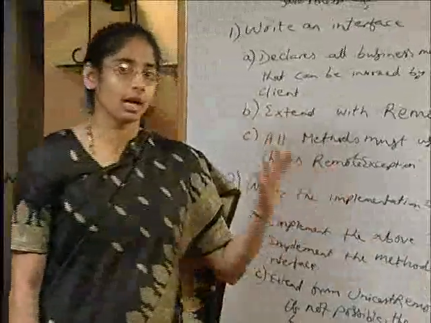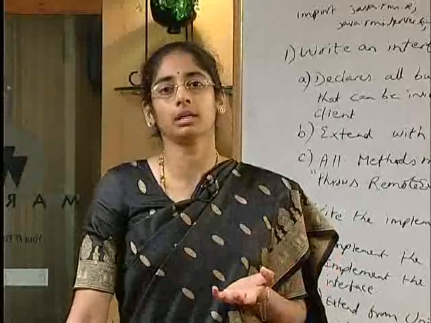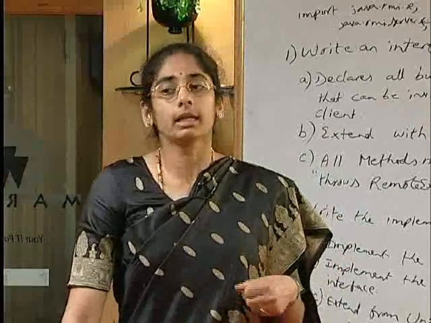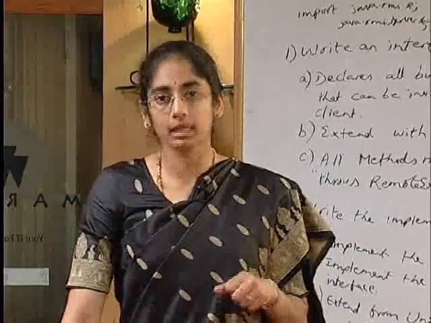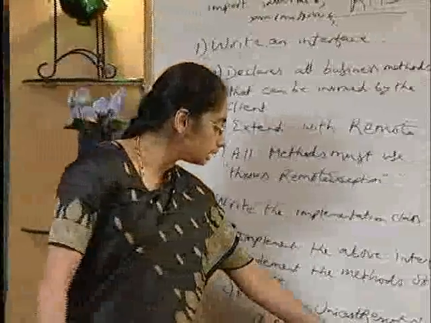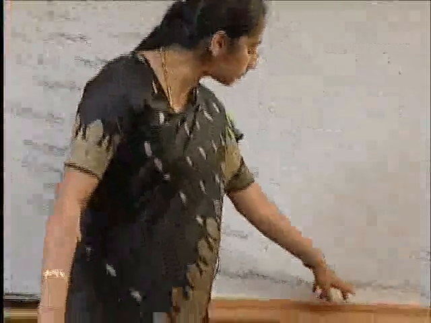In the case of applets, for example, if you are writing an applet program, you have to extend your class with Applet. So in that case you will not be able to extend UnicastRemoteObject. So provide a constructor, and from within the constructor you invoke UnicastRemoteObject.exportObject(this).